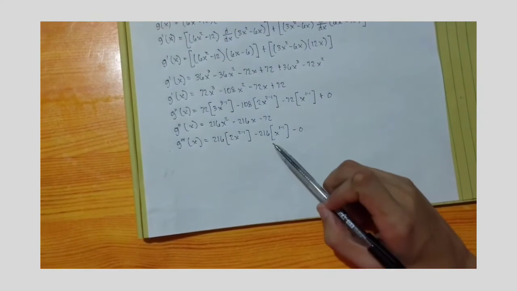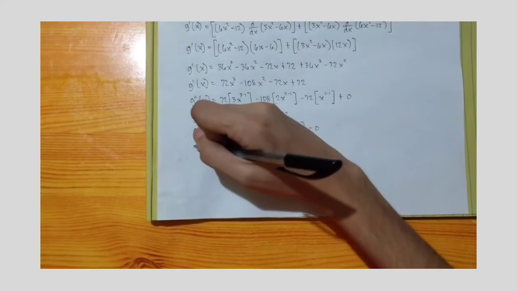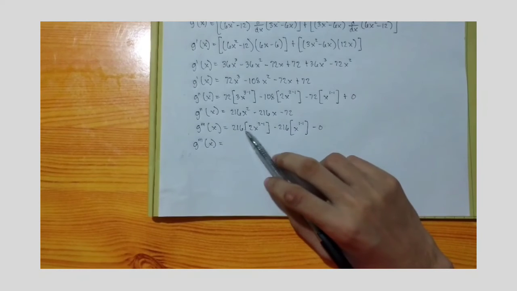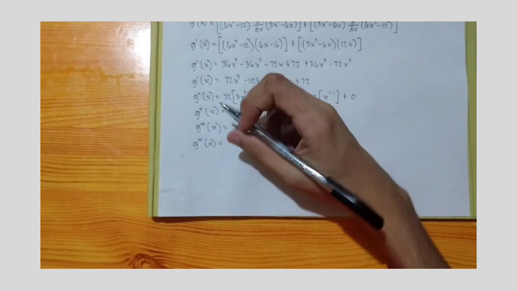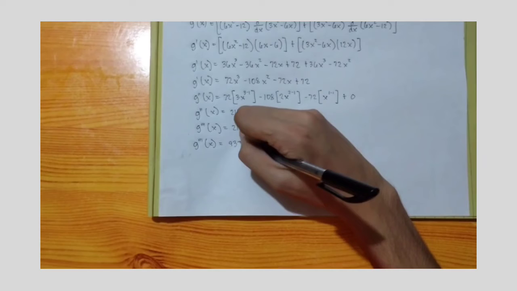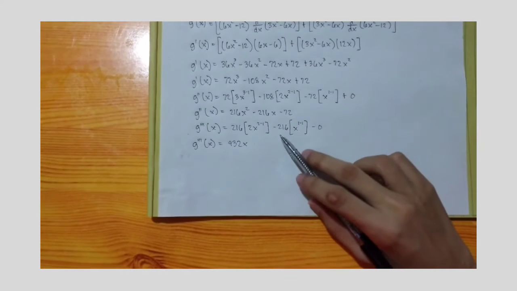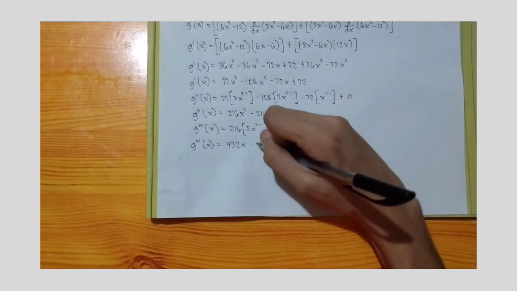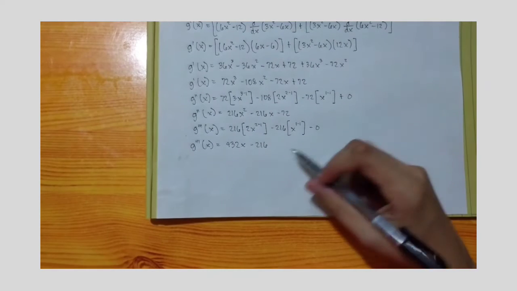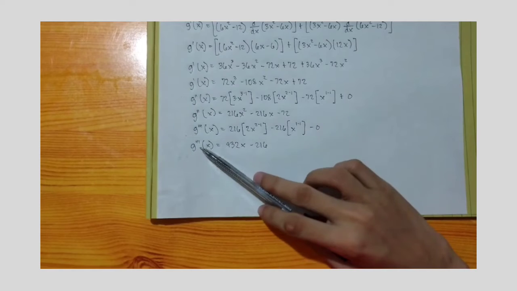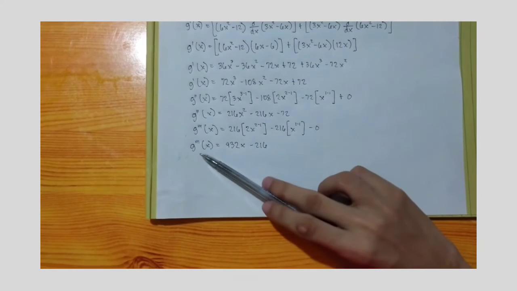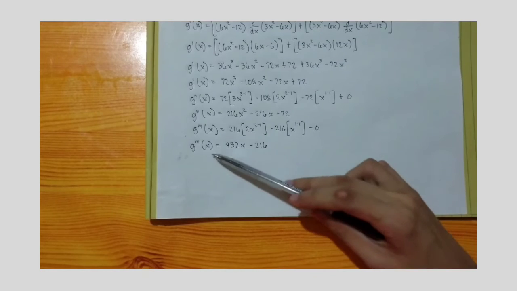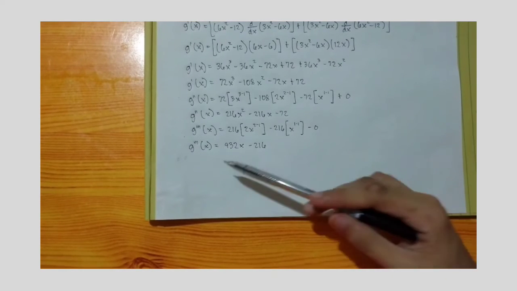Simplify this: multiply 216 by 2 and we have 432x, and multiply negative 216 by x and we have negative 216. Therefore, the third derivative of g of x is just equal to 432x minus 216. Since it is not equal to 0, we need to get the fourth derivative of the function.